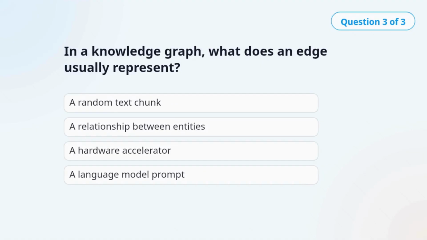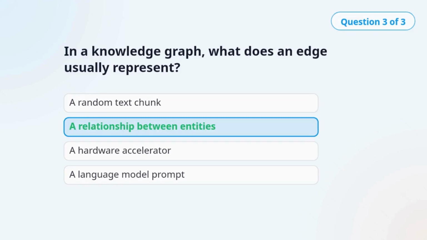Question 3. In a knowledge graph, what does an edge usually represent? The correct answer is, a relationship between entities. Nodes represent entities, while edges capture the relationships connecting those entities.